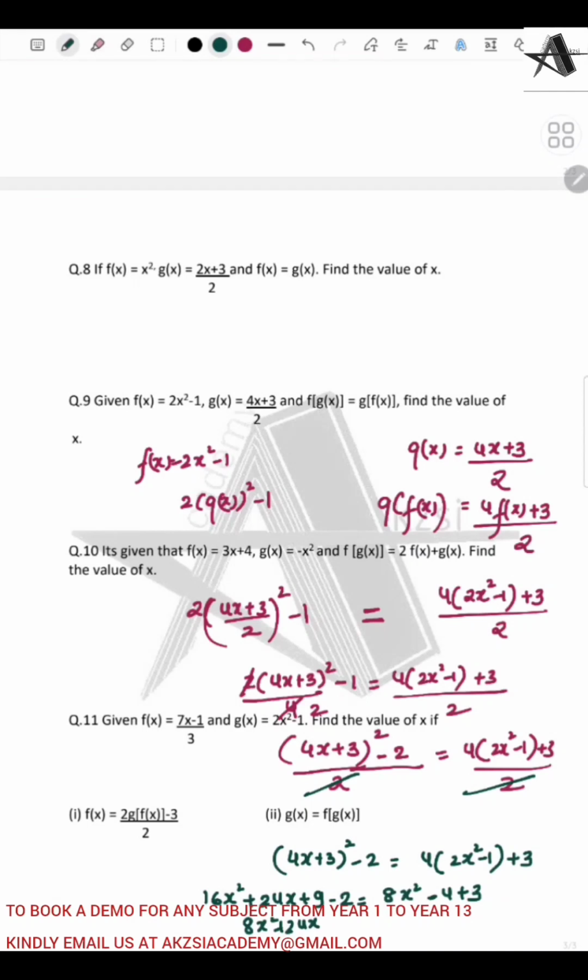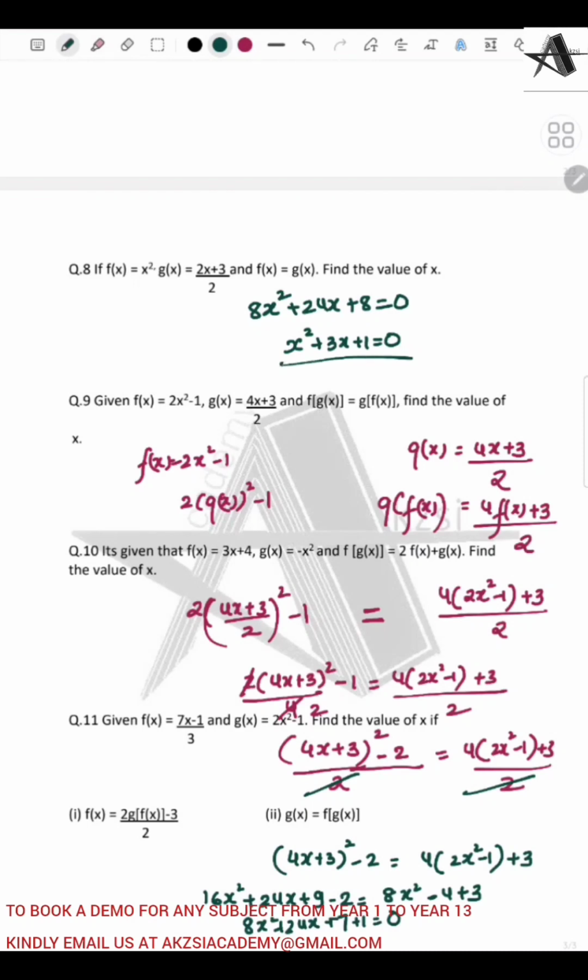So if I bring 7, and minus 4 plus 3 is minus 1, but when I transpose it, it will become plus 1. So ultimately my equation will become 8x squared plus 24x plus 8 equals 0. Taking out 8 as common, or you can say dividing both the sides by 8, I ultimately get x squared plus 3x plus 1 is equal to 0.